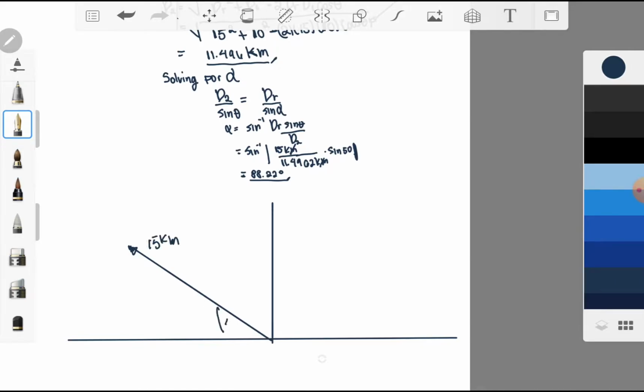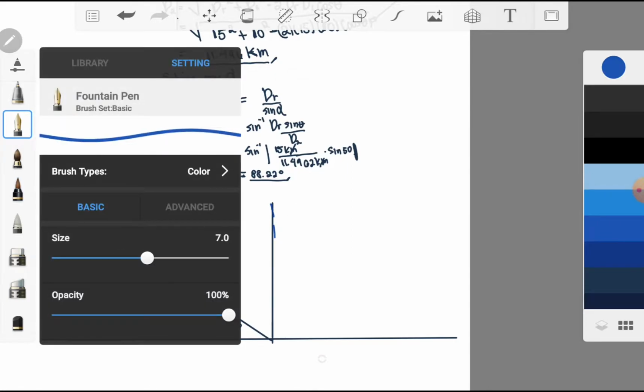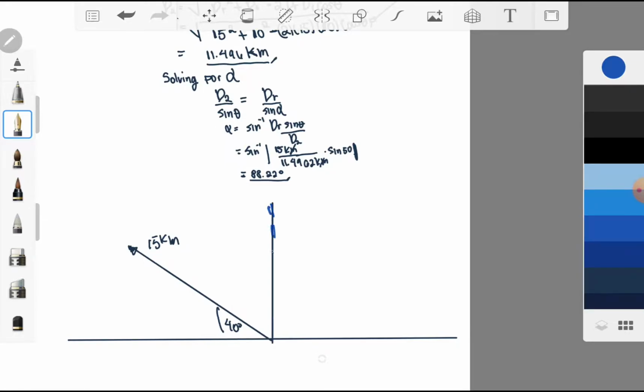This is 40 degrees. And then we'll have your 10 kilometers. So we will raise it a little bit. 10 kilometers. Okay? So this is our T1.